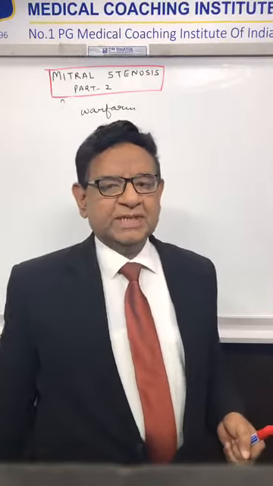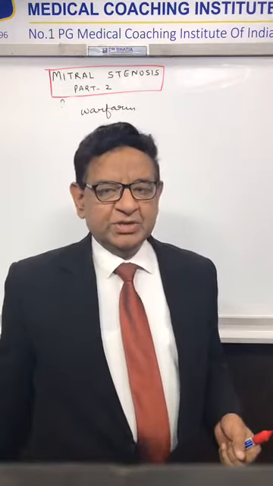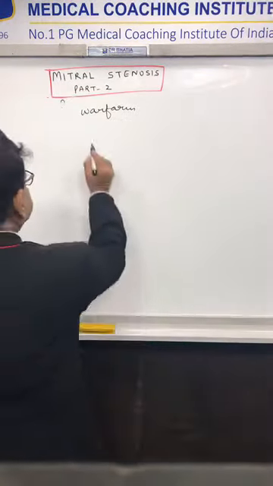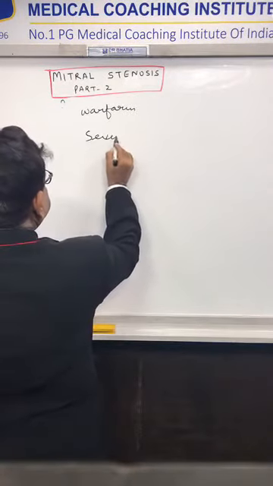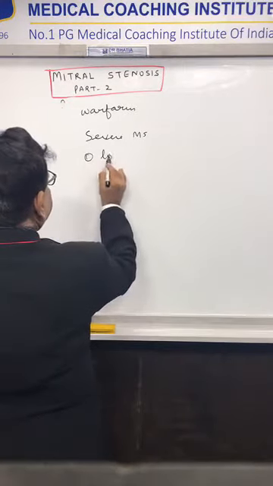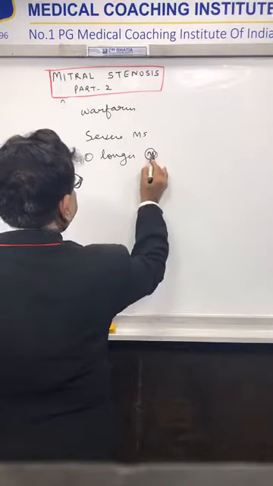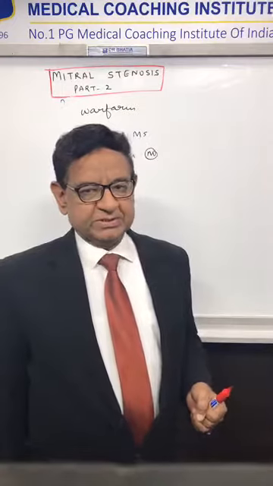First of all, let me say what are the indications of surgery. Before that, we should know what are the criteria of severe MS. Criteria of severe MS. Number 1: the longer the murmur, the more severe is mitral stenosis.